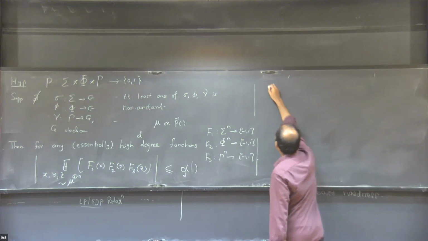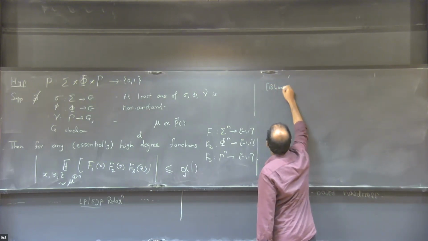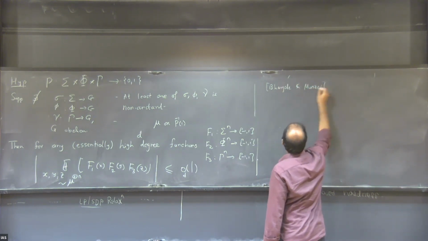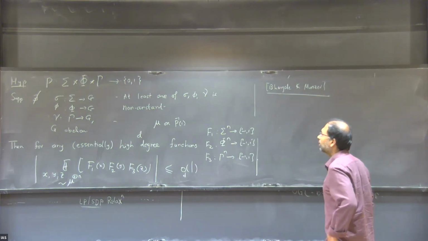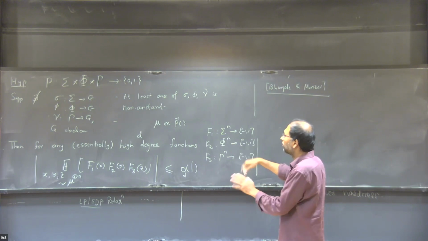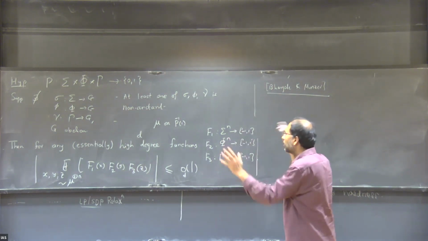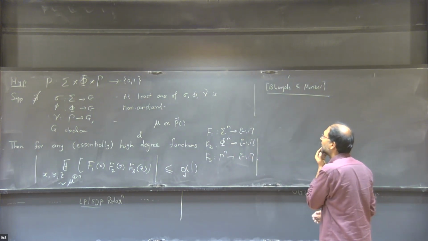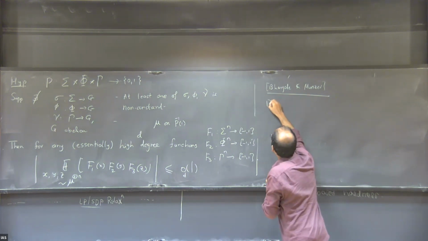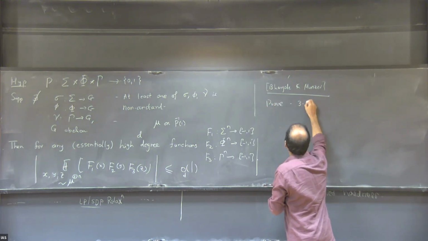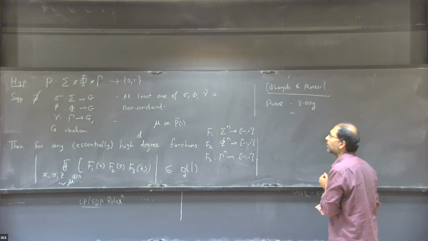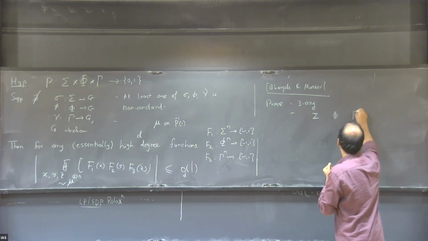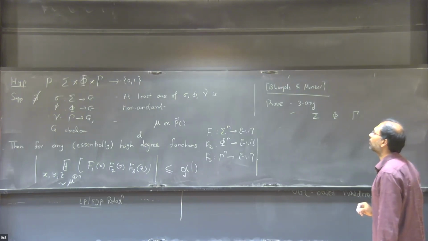Now, what we can do is, so this is the paper. Of course, in addition to coming up with some actual applications, setting up the whole framework and direction, in terms of actual analytical result, what we can prove is this in the case where the predicate is 3-ary, with alphabets sigma, phi, and gamma.